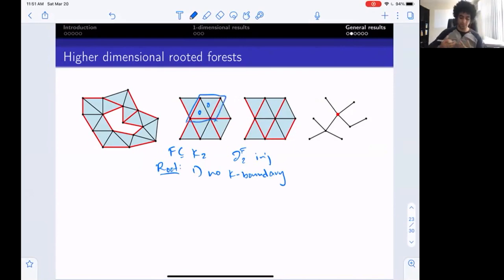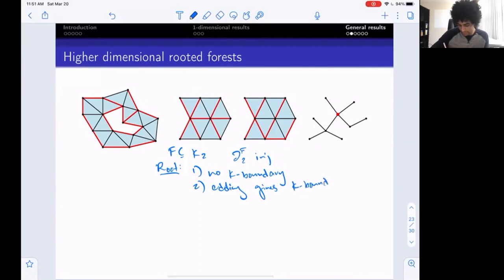You want your root to be a subset of the one cells such that it doesn't have any of these boundaries, and you can see that's the case with all these cells highlighted in red. But secondly, you also want it to be the case that if you ever add any more cells to your root, then you would have a k-boundary. So adding gives a k-boundary.